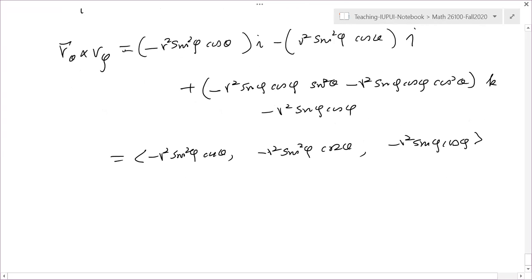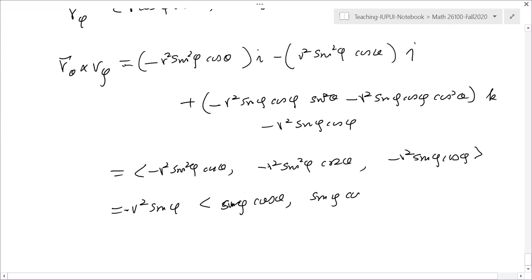All right, so there's a common factor you can take out, which is sine phi. Negative r squared can be taken out, and sine phi can be taken out. You get sine phi cosine theta, sine phi.